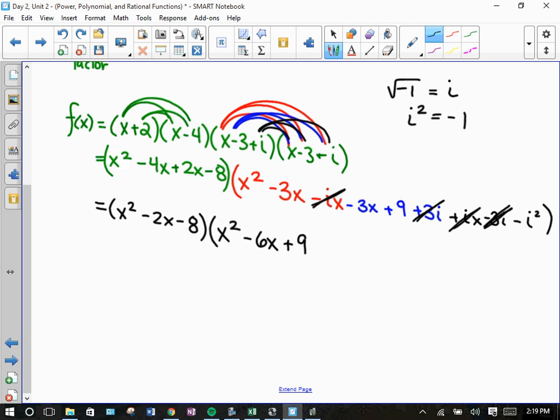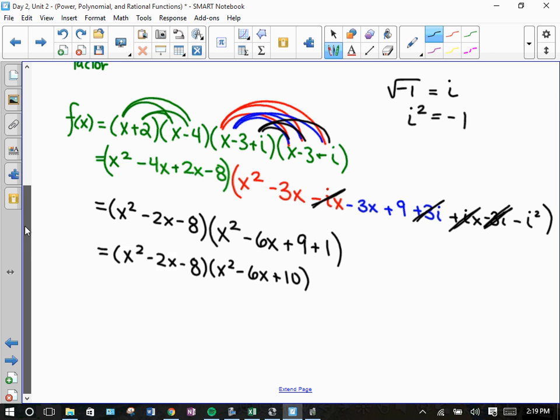And then I have minus negative 1, which turns into plus 1. That's equal to x squared minus 2x minus 8 times x squared minus 6x plus 10. Notice there's no more i's. No more i's.